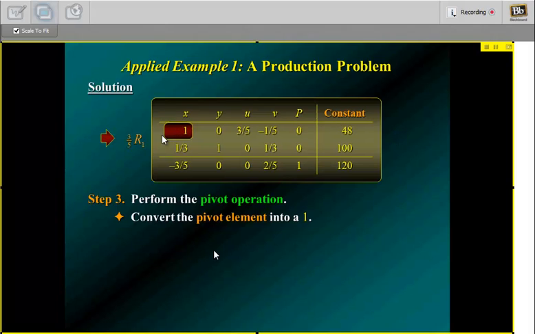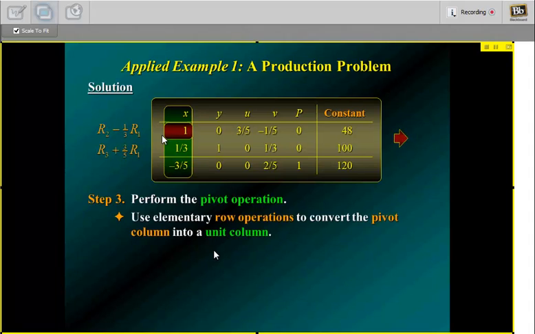Now our aim is that all the rest of the things in the same column are 0, above and below the 1. So we apply the row operations and the rest of the things are 0.